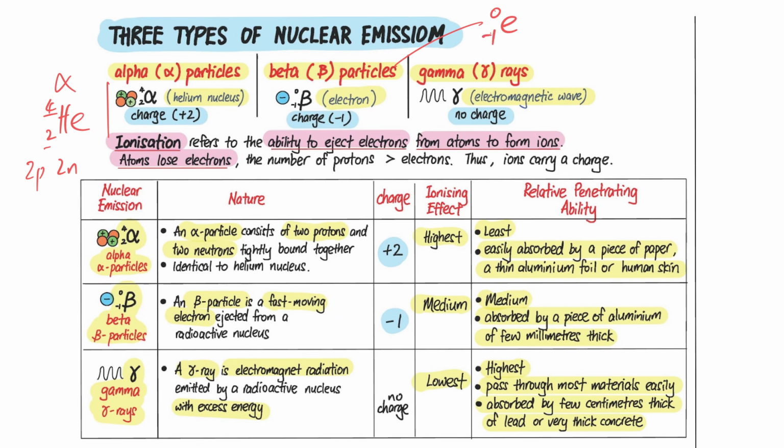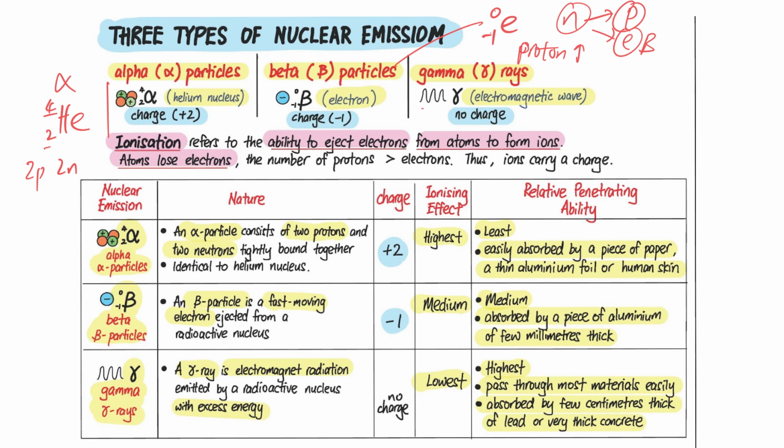When a nucleus undergoes beta emission, one of the neutrons is converted to a proton and emits an electron, which is your beta particle. So the proton number increases by 1 and there is no change in the mass number, because one of the neutrons is converted to a proton.